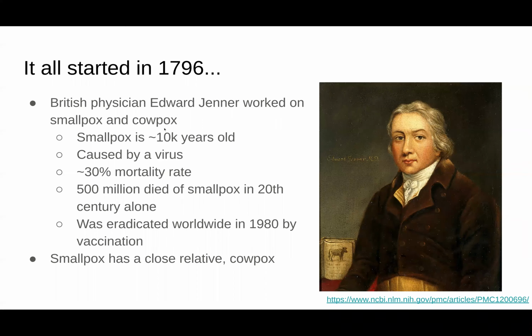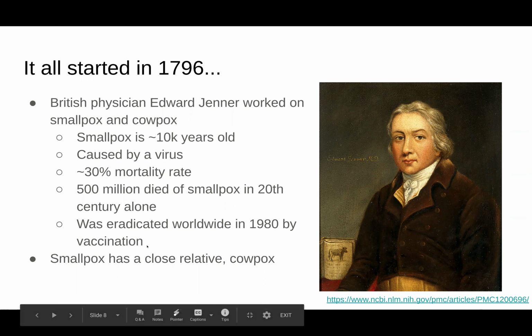And this disease has been around for a long time. It's basically been around since we invented agriculture, so about 10,000 years at this point. Smallpox and its friend cowpox are caused by a virus. As we mentioned, it was eradicated worldwide in the 80s by the World Health Organization by vaccination. And smallpox has a very close relative called cowpox.